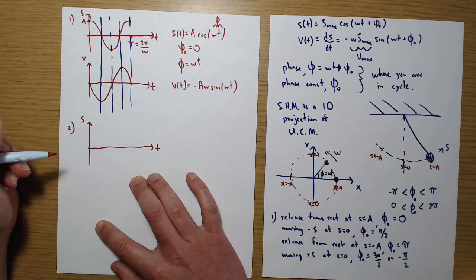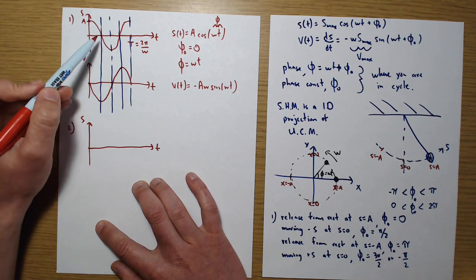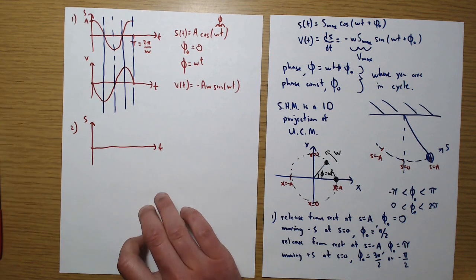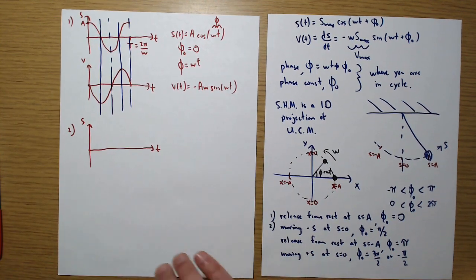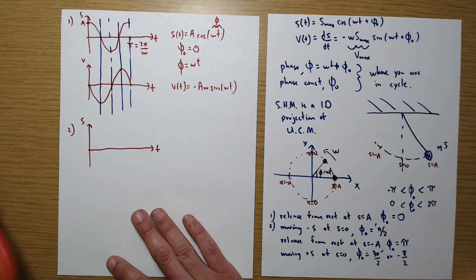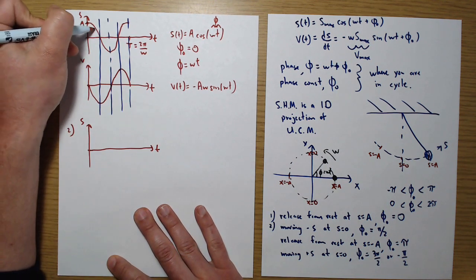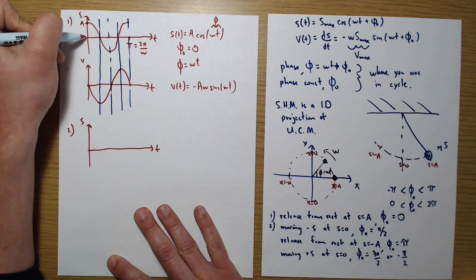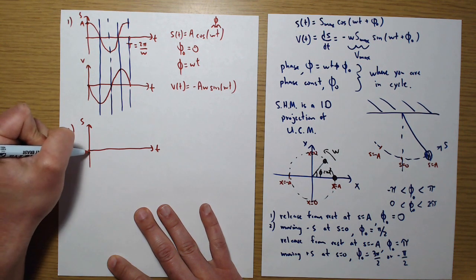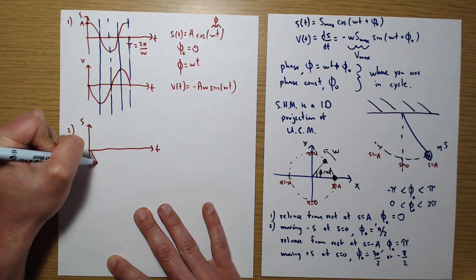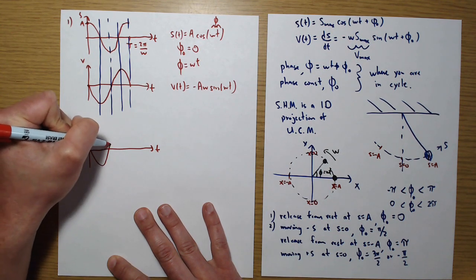And what we know takes place is essentially, well, this is number 2 right here. What essentially takes place here is that this graph has just been shifted to the left by a quarter of the period. So it now looks something like this.